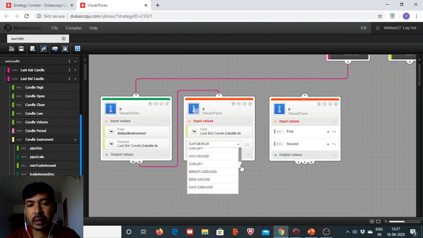So here we will need to bring in, where is the EUR/USD?